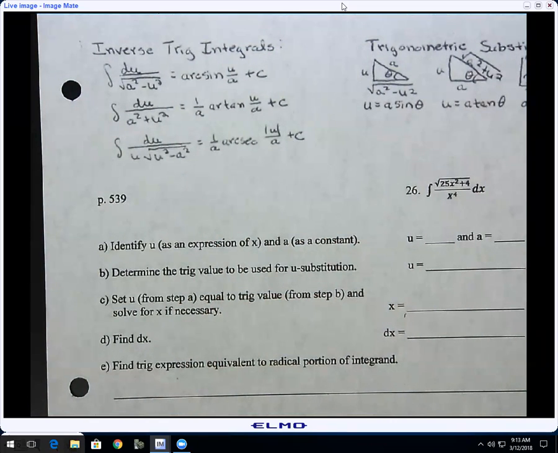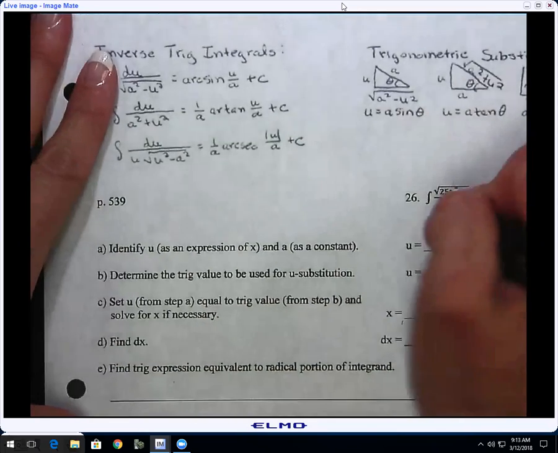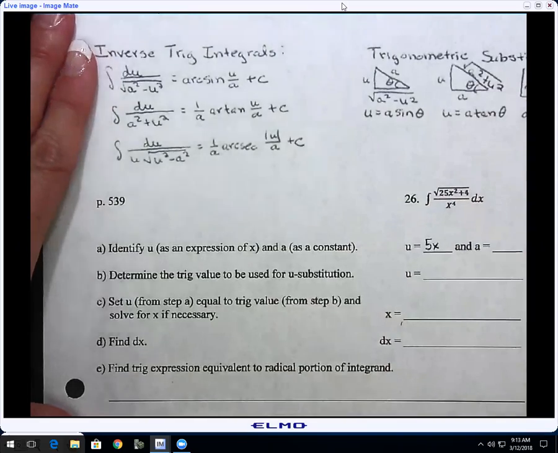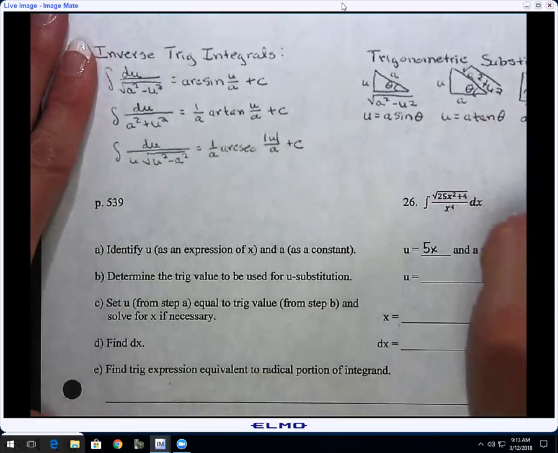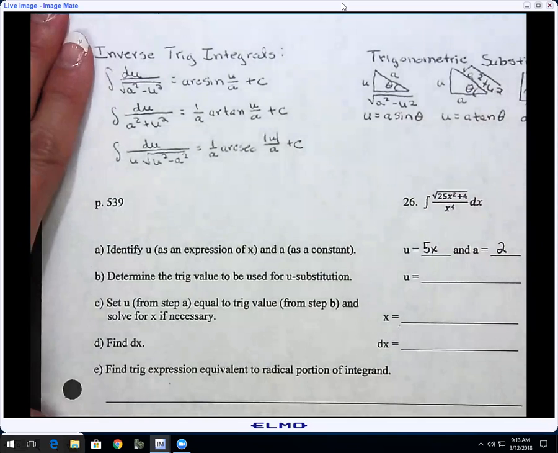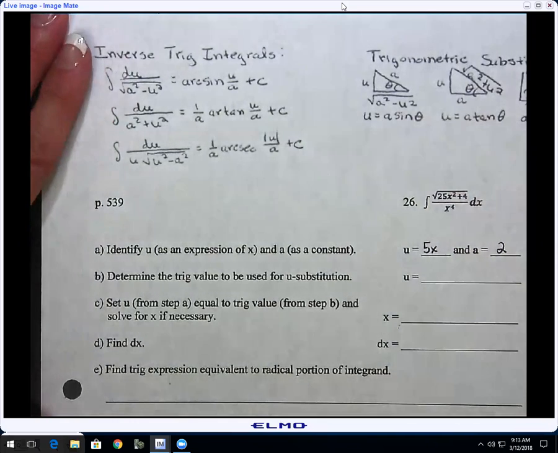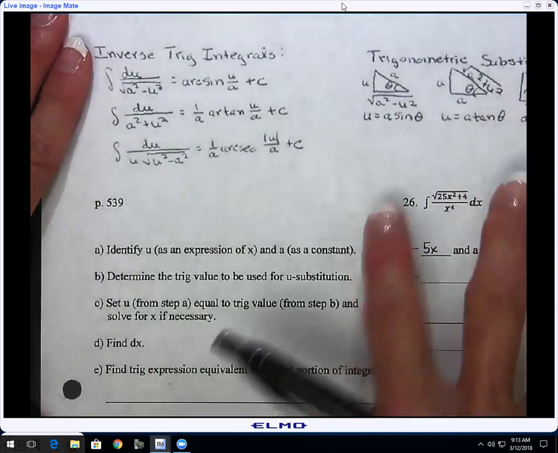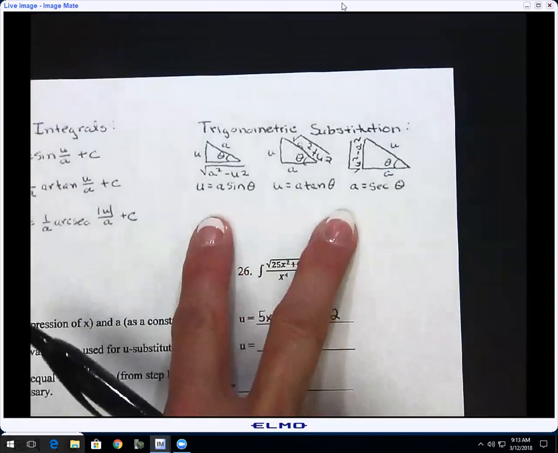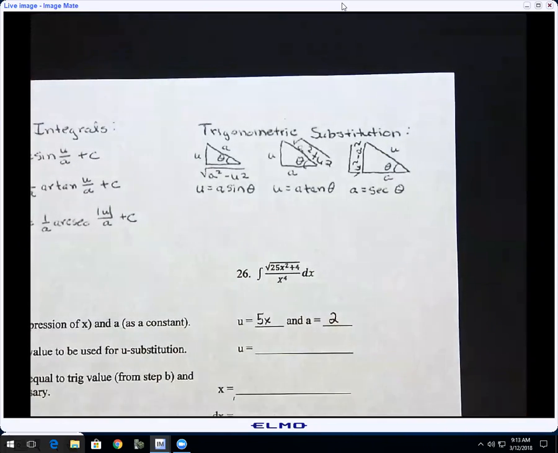U is a function of x. It's the x term that is squared and gives you 25x squared. So what is u? 5x. And a is the square root of the constant, which is 2. Yeah, square root of the 4 is 2. All right. Which one of these 3 triangles, and I draw those 3 triangles at the top of my paper, I'm thinking about making that one problem on the test where you just label those 3 triangles so you have them for reference.